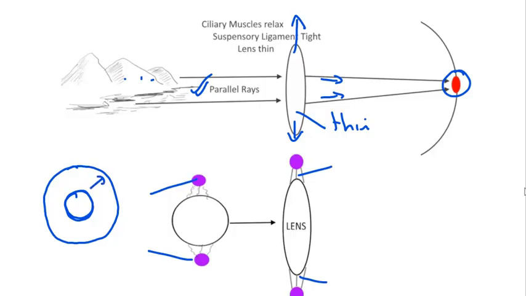As it goes out, it will then pull on the suspensory ligaments, which in turn pull upon the lens, which in turn makes the lens thin, and that allows us to focus the light onto the fovea at the back of the eye and retina. And this is what's used for distant objects.